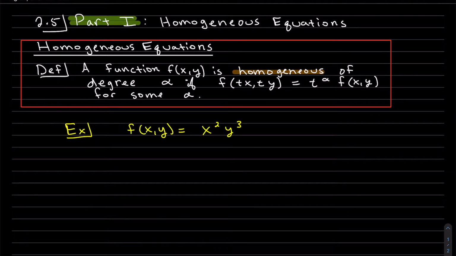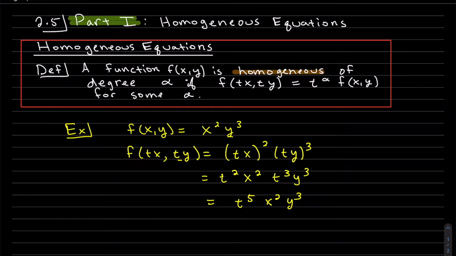So here's a function, and we want to know if it's homogeneous, so we're going to be plugging in tx for x, ty for y. So instead of x, I'm putting tx. Instead of y, I'm putting in ty. And then let's simplify it.